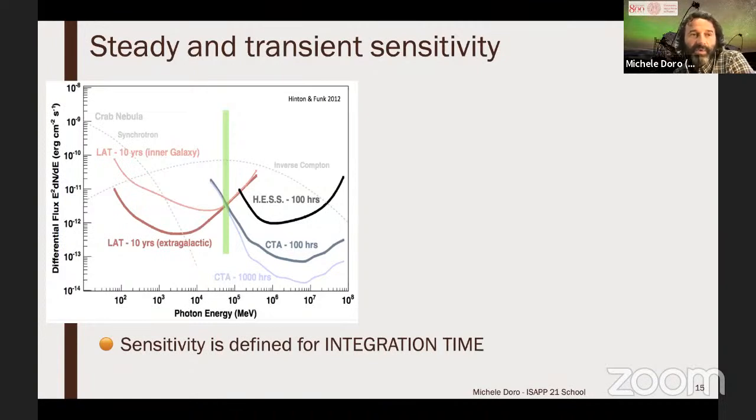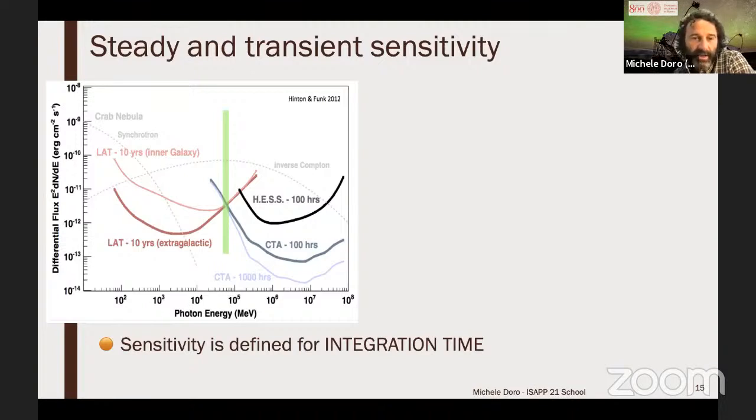It's really what is called a transient event, something that is really changing. We only briefly discussed last week gamma ray bursts, where the flux is huge, but it changes in a matter of seconds. This means that you want to be sensitive not only to a certain flux, but also to the variation of the flux.